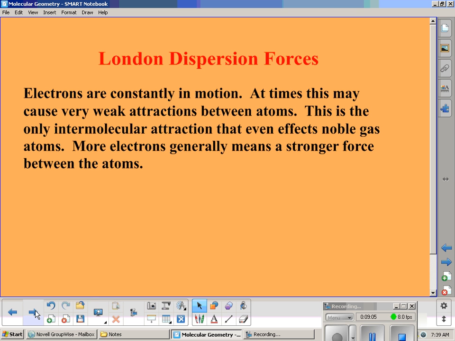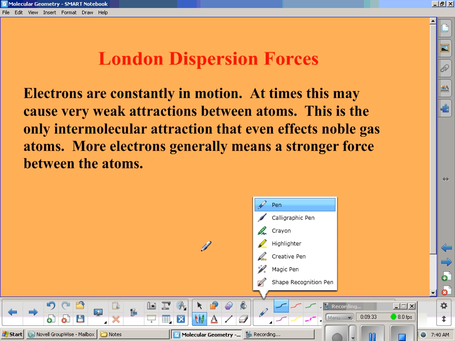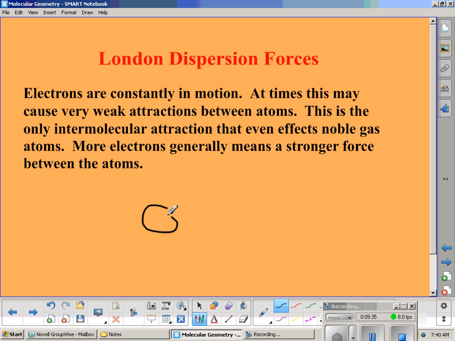Our last slide, London dispersion forces. Electrons are constantly in motion. And at times this may cause a very weak attraction between atoms because intermolecular attraction can happen if all the electrons tend to migrate toward one side of an atom. Let's draw an atom. That's not very good.